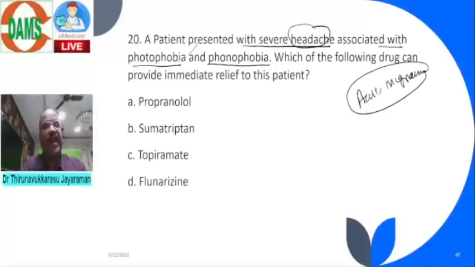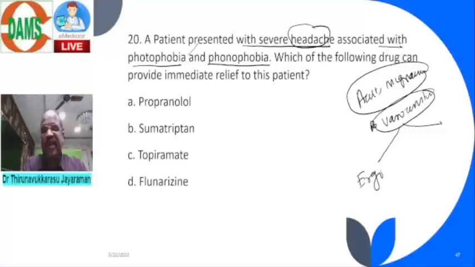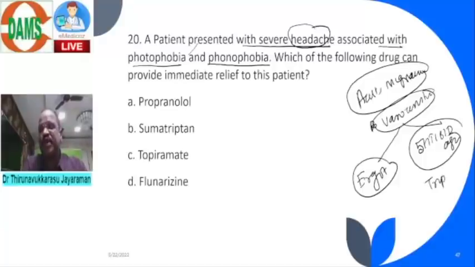Now, for treating acute migraine, we go for a vasoconstrictor. One group of drugs is called ergots, and one more group is called 5-HT1B agonists, like triptans. With this in mind, look at the options: propranolol, sumatriptan, topiramate, flunarizine.